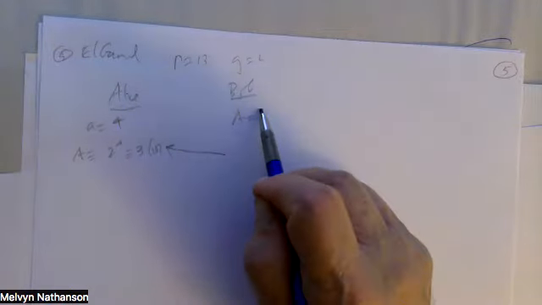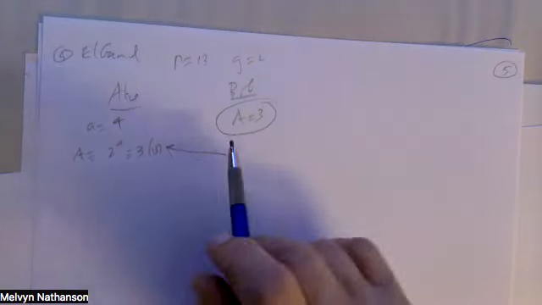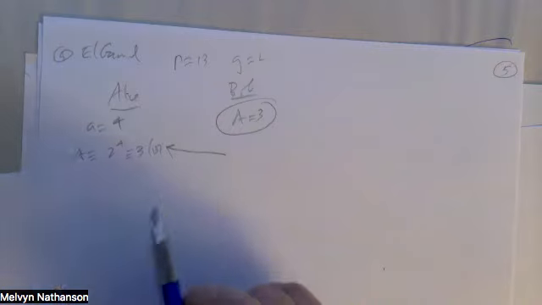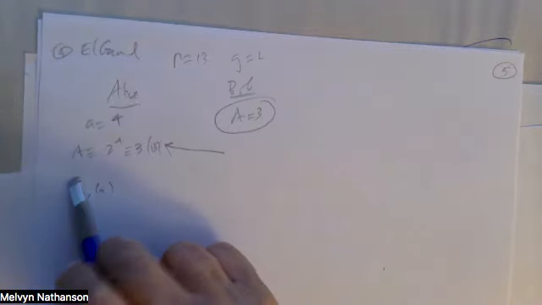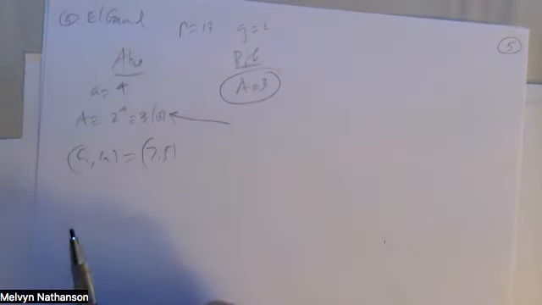So Bob has gotten number 3 from Alice. And the pair that he sends to Alice is the pair 7, 5. So Alice has to decrypt this message.